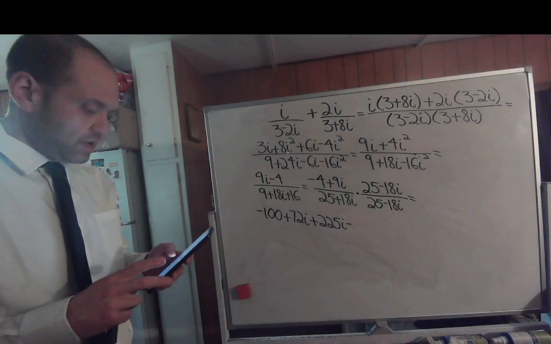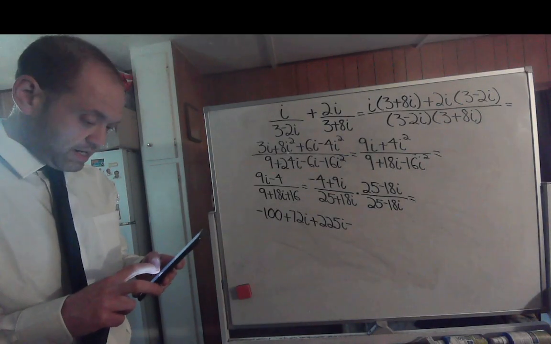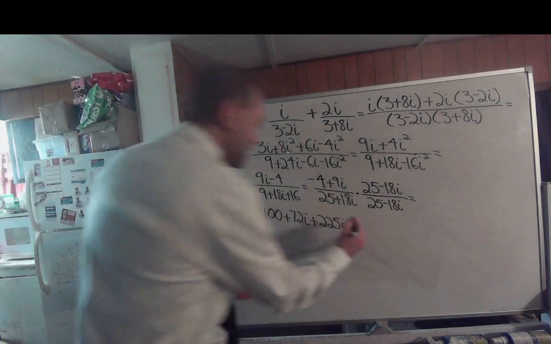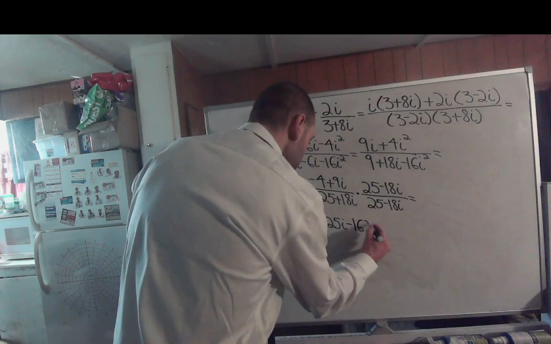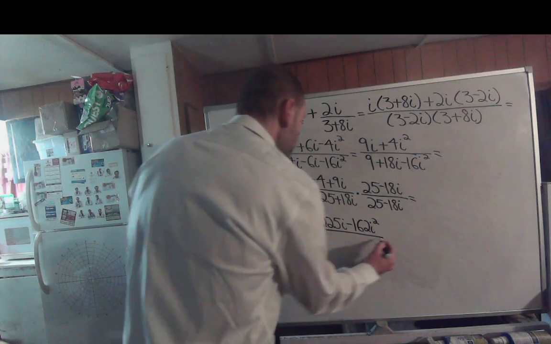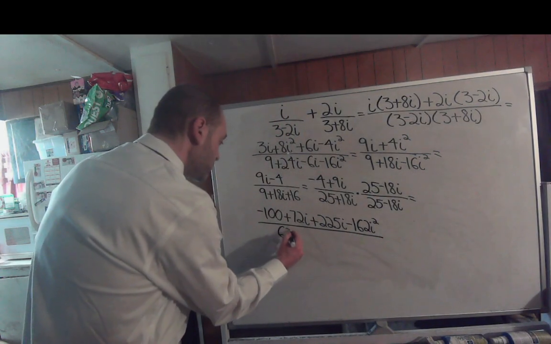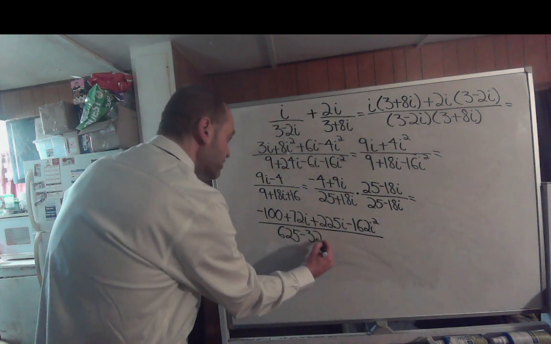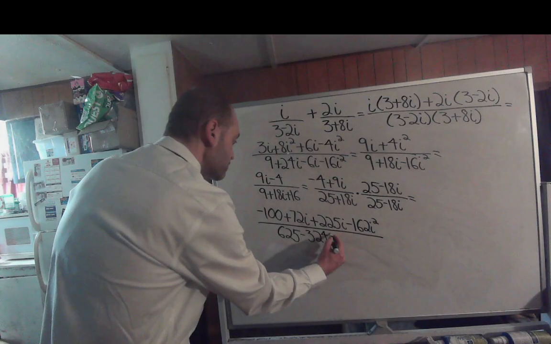I think I know what it is, but I want to be sure. Yep, minus 162i squared all over 625 minus 324i squared. Yowzer.